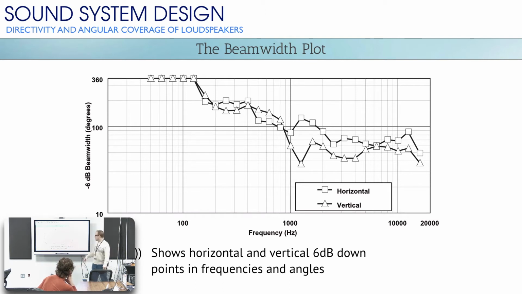Okay? So in the context of loudspeakers, we're willing to tolerate the sound decaying as much as 6 dB before we feel like, okay, that's too much. If there is one person that's hearing more than 6 dB quieter of a show than another person, then that's a range we tend to not be comfortable with.